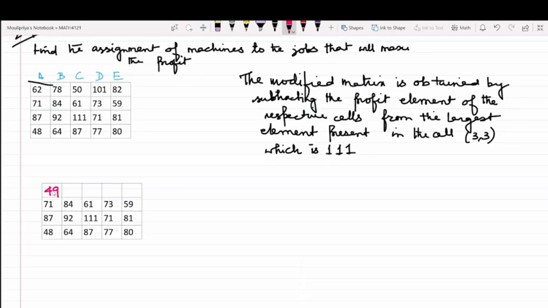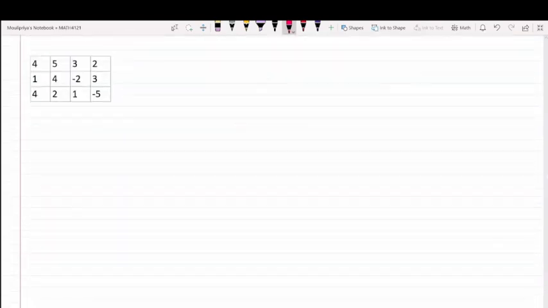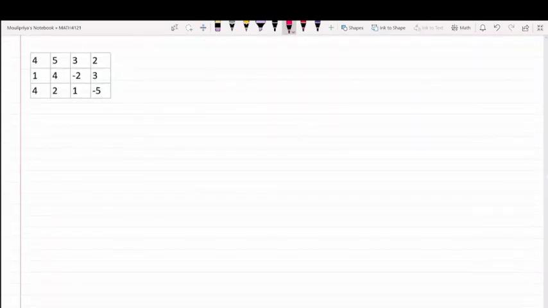Fine. The next type that can come is where we are given a negative cost.